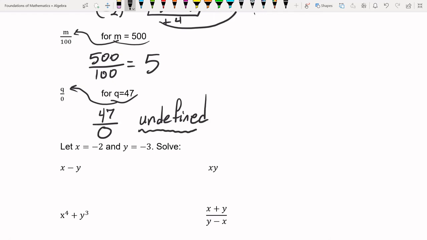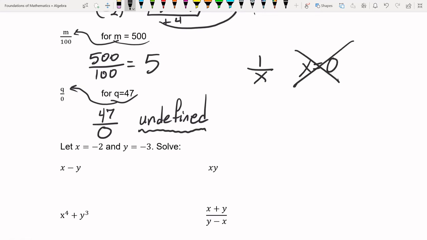These are the type of things we have to concern ourselves with in algebra, because variables can be whatever you want to plug into there. And some variables will end up giving you undefined quantities. In this case, the problem gave us q divided by 0, and that's always going to be undefined. But for instance, if I had something like 1 over x, I cannot put in x equal to 0.